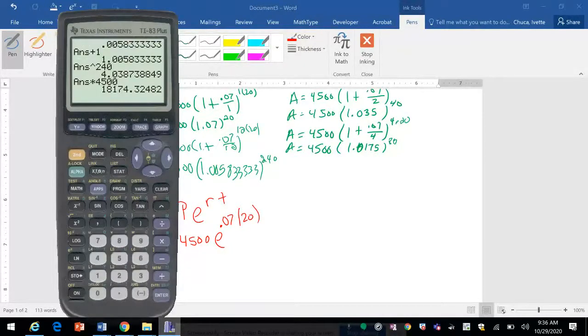So we use the calculator. I'm going to do second E, and I'm going to put in here 0.07 times 20, and then times 4,500.